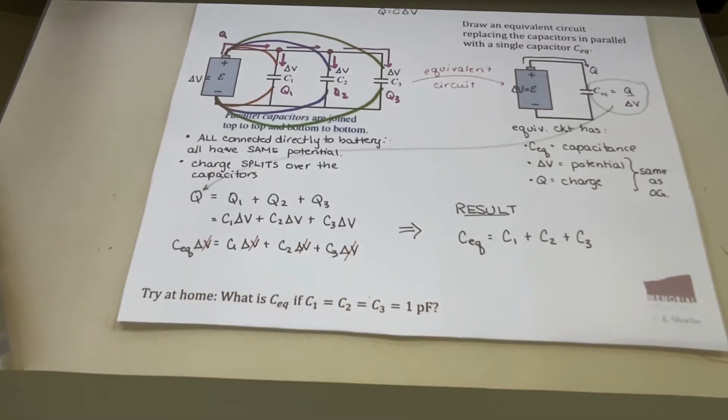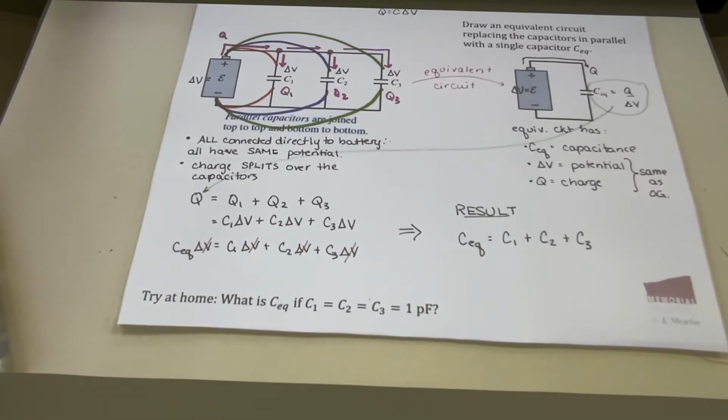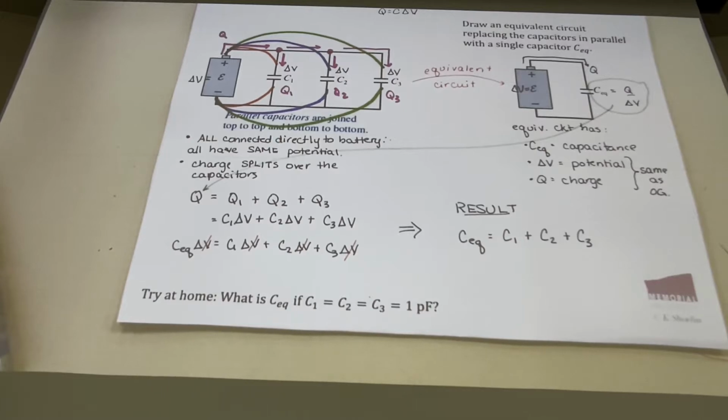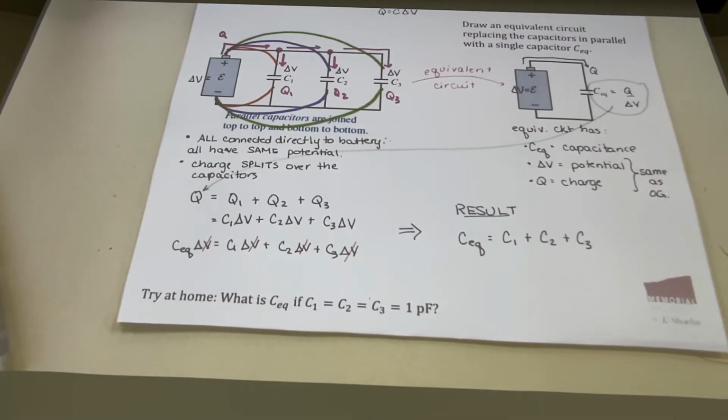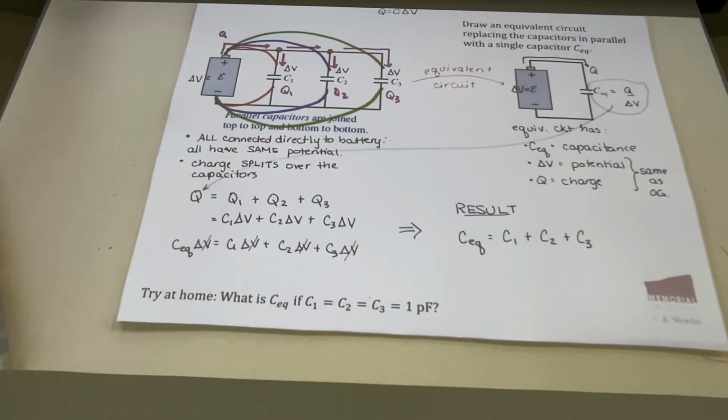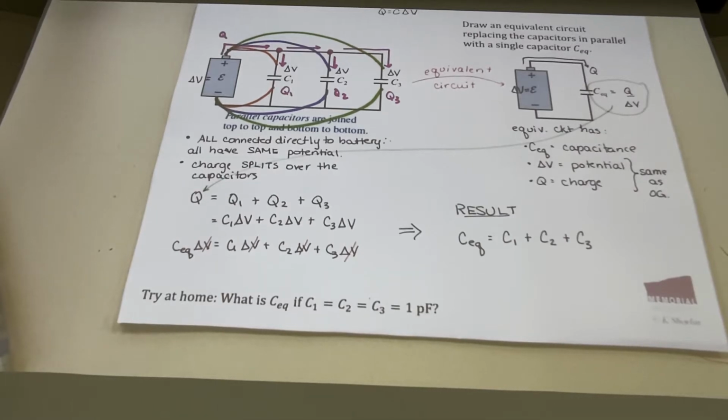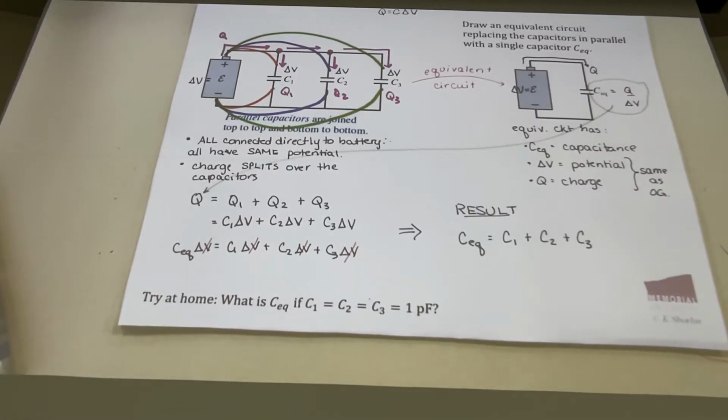So that's how we find the equivalent capacitance for capacitors connected in parallel. People remembering their high school physics might remember this is the equation for resistors in series. We're going to get the resistors in our next chapter or two. Please don't get them confused. Make sure you know your rule for your circuit device.